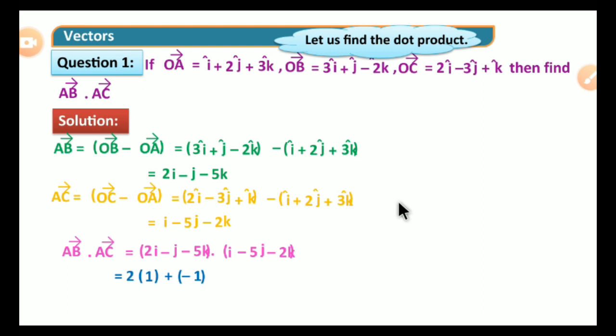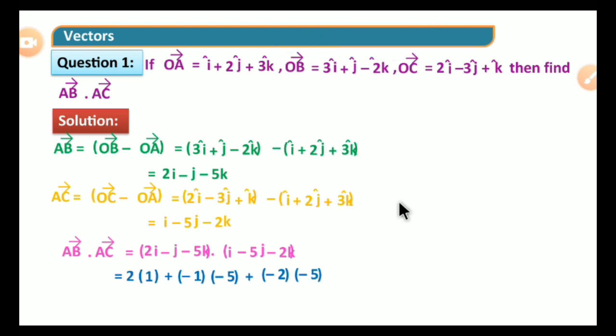So we have 2 plus 5, which is 7, and again plus 10, so 7 plus 10 is equal to 17.